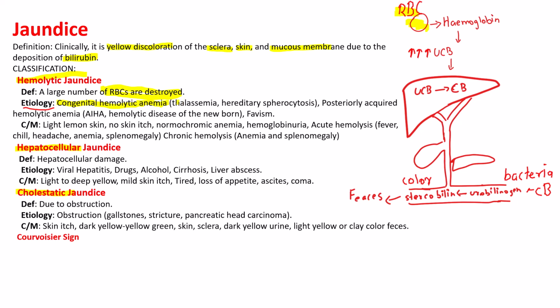So diseases like thalassemia, which we have already discussed in biochemistry, another subject, and hereditary spherocytosis. In this disease also, a large number of red blood cells undergo degradation.